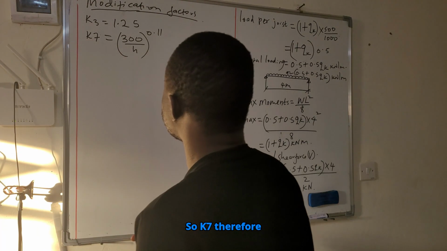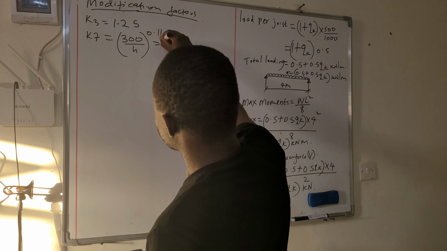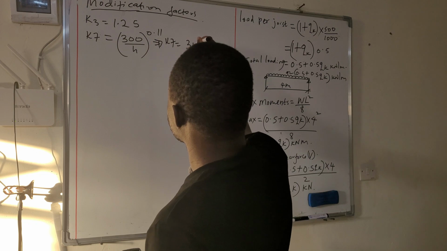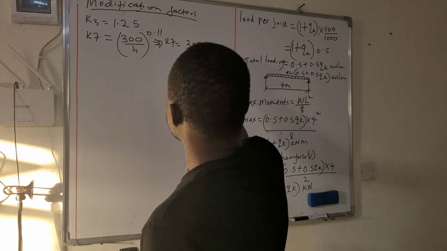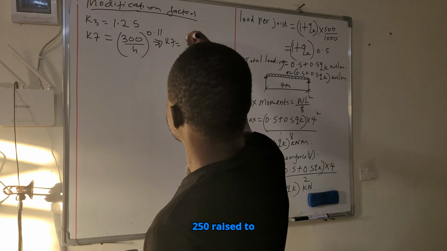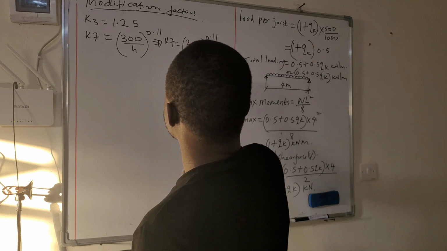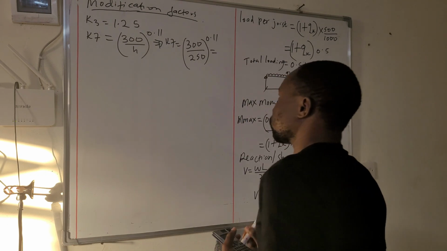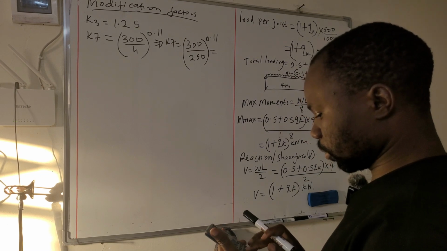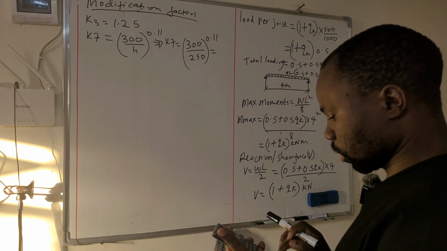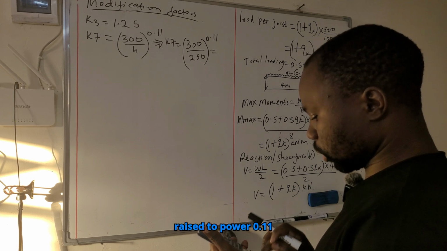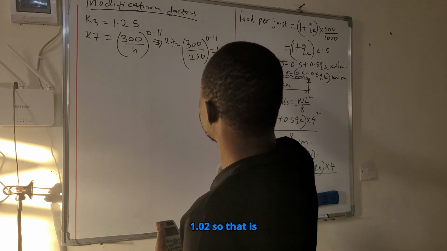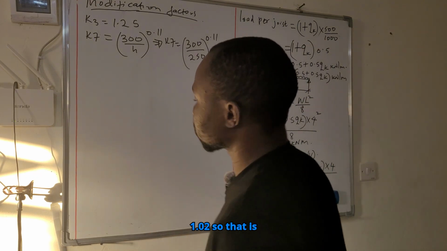So K7 is equal to 300 over 250 raised to power 0.11. So that is 1.02. So that is K7.